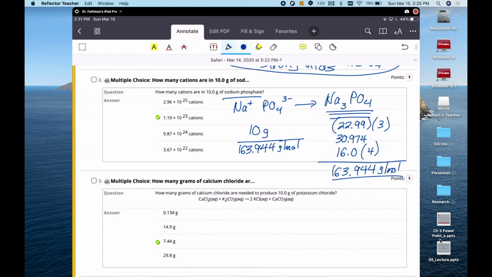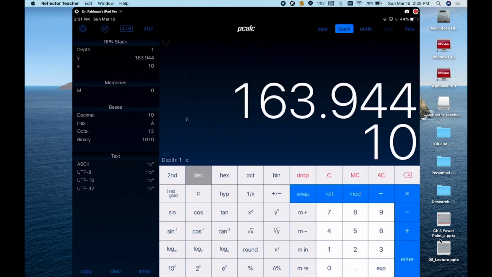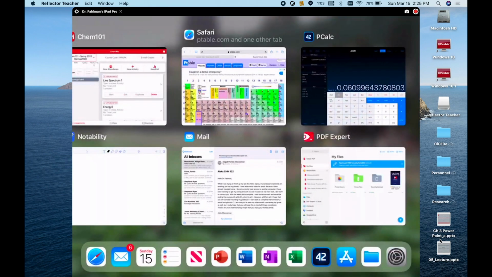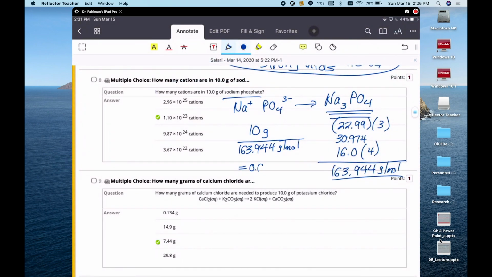So 10 divided by that is 0.061 moles. And this is asking how many, so we're going to have to go from moles to number of something, so we're going to multiply by Avogadro's number.